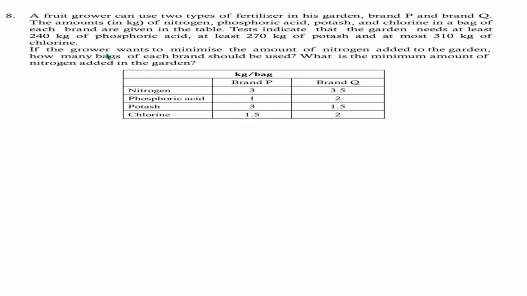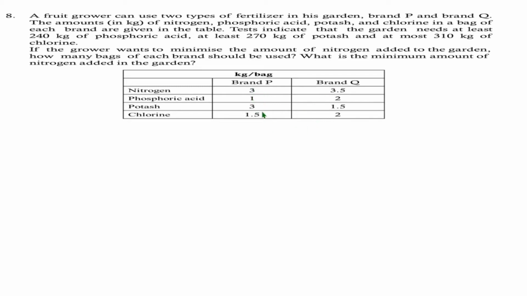So, it is given a fruit grower uses two types of fertilizers, brand P and brand Q. The amount of nitrogen, phosphoric acid, potash and chlorine in a bag of each brand is given here. So, each brand P and brand Q has got this much amount of nitrogen, phosphoric acid, potash, chlorine respectively.